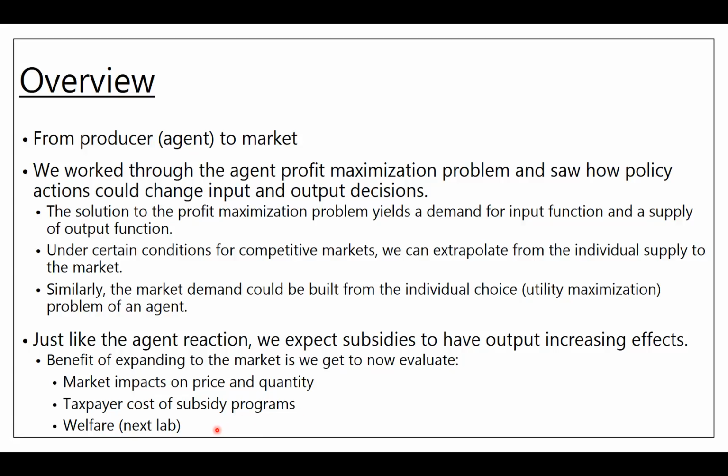And then finally, we can do welfare, which is the topic we'll work on between this. We'll work on market supply and demand in between, but we'll move our way towards welfare for the next lab. So lab 3, one week from now, we'll focus on doing welfare evaluation, consumer and producer surplus.